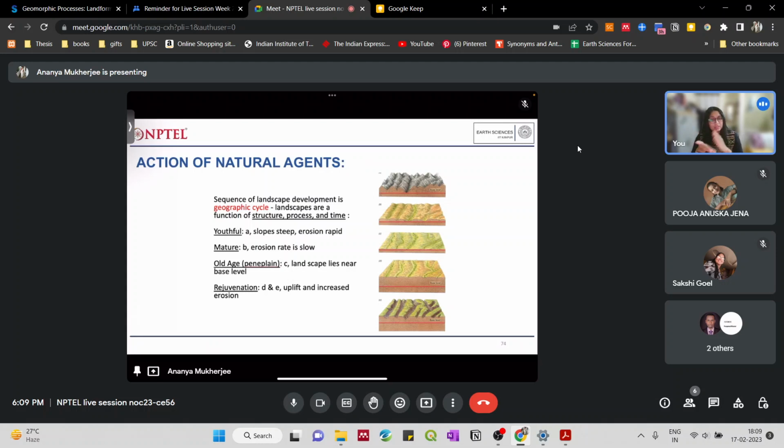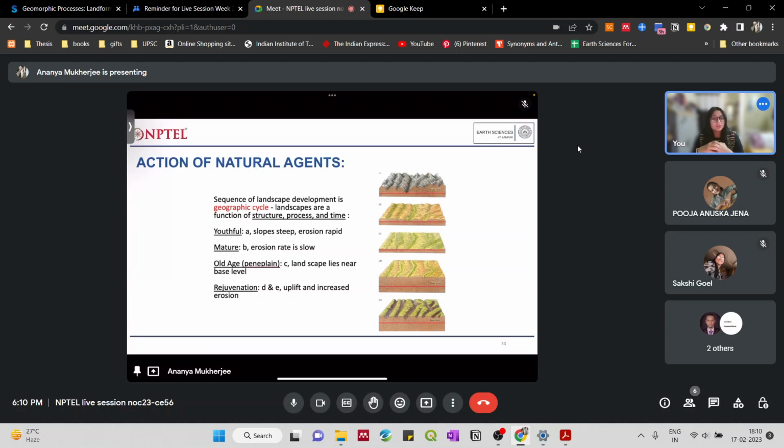So, there are several stages where a natural agent is going to change the earth surface, how it looks or how it appears. The sequence of it is called the geographic cycle. We had also talked about the rock cycle, the lithospheric cycle. So, geomorphic processes are a part of that cycle also, and where the geomorphic processes are taking place, that is called a geographic cycle.